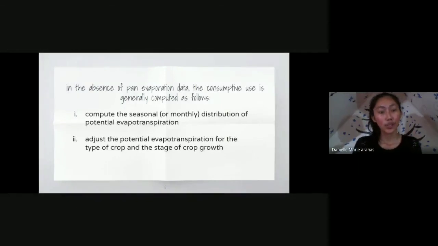Next, in the absence of pan evaporation data, if pan evaporation data is not given, the consumptive use is generally computed as follows. We can compute it by computing the seasonal or monthly distribution of potential evapotranspiration and by adjusting the potential evapotranspiration for the type of crop and the stage of crop growth.